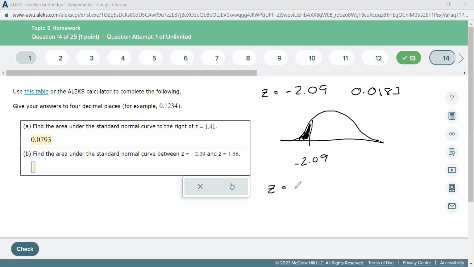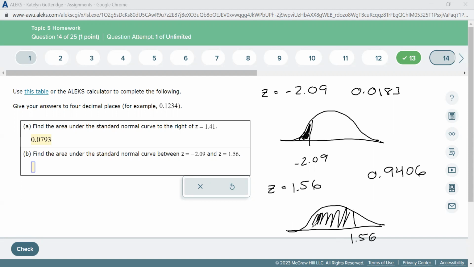All right, then for z equals 1.56, that gave us a value of 0.9406. So then on our graph, we would have 1.56, and remember, zero's in the middle, so 1.56 is on the right side because it's positive. We'd be shading to the left of that to represent the 0.9406. So 1.56 to the left of it represents 0.9406, and negative 2.09 to the left of it represents 0.0183.